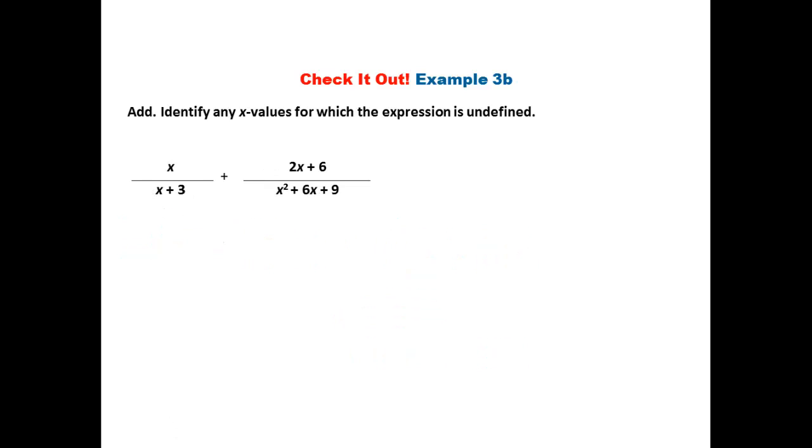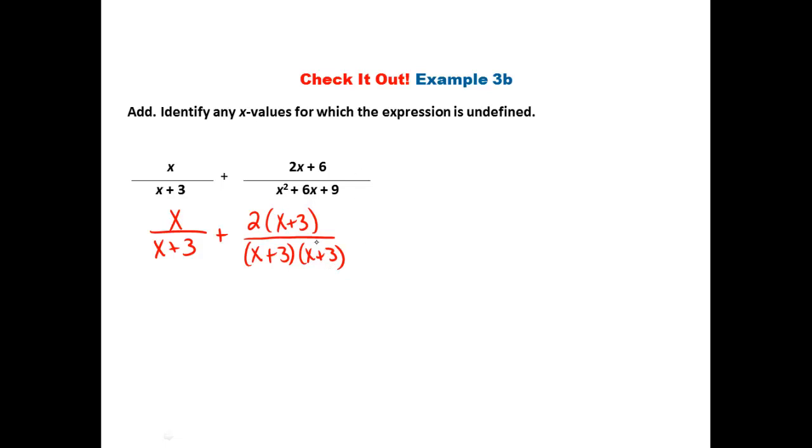Our next example, we're going to approach this the same way and factor the numerator and denominator. Let's take this 2 out of here as well: 2 times x plus 3. And the bottom is going to be x plus 3 times x plus 3.